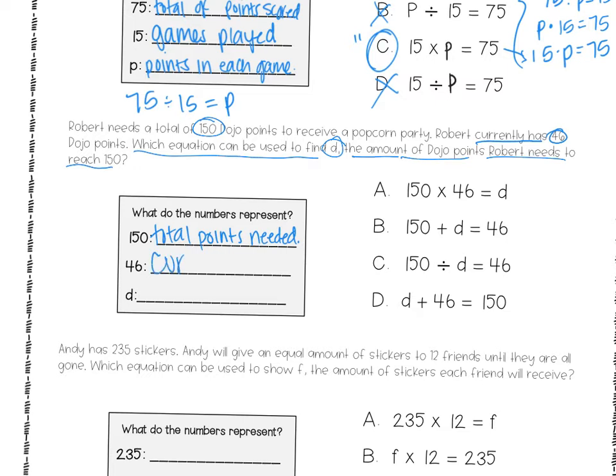So that's his current points. And the letter D, the variable D, represents the amount of points that he needs. So how many points are needed?